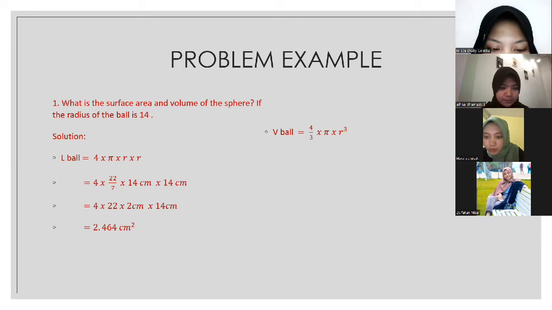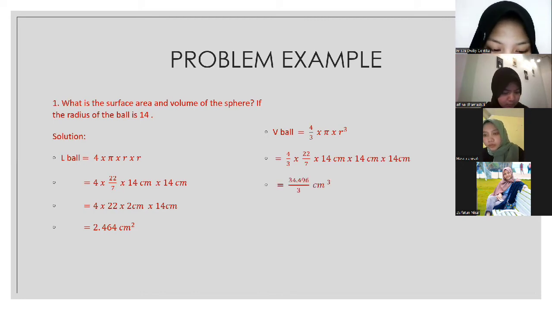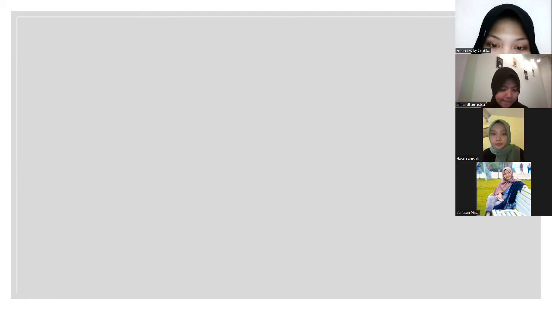So we put 4/3 times 22/7, because 14 is a multiple of 7, multiplied by 14 multiplied by 14 multiplied by 14. The result is 34,400 and 916.